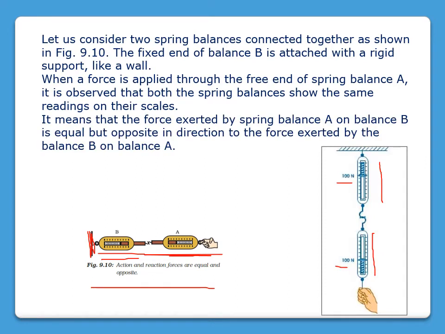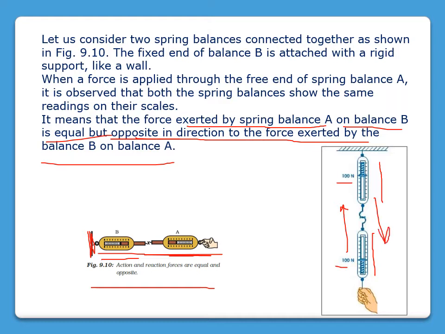Why does it occur? They both show the same force because the force exerted by spring balance A on balance B is equal but opposite in direction to the force exerted by B on A. It means the same force is applied by A on B and by B on A. Only the direction is opposite.